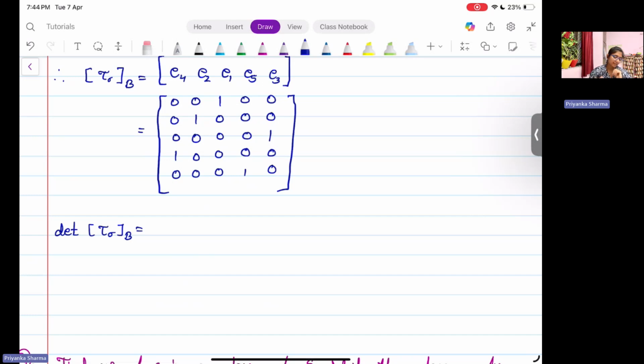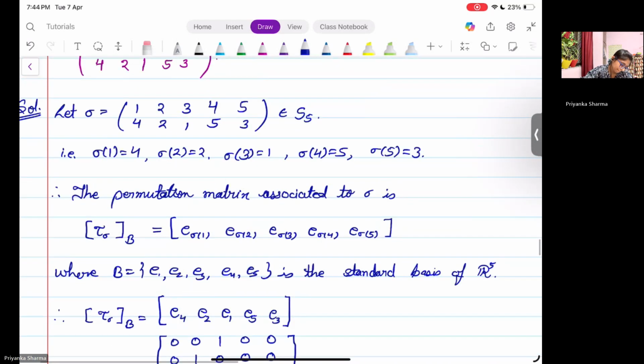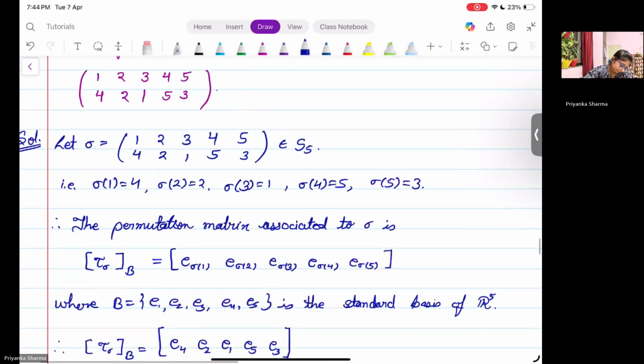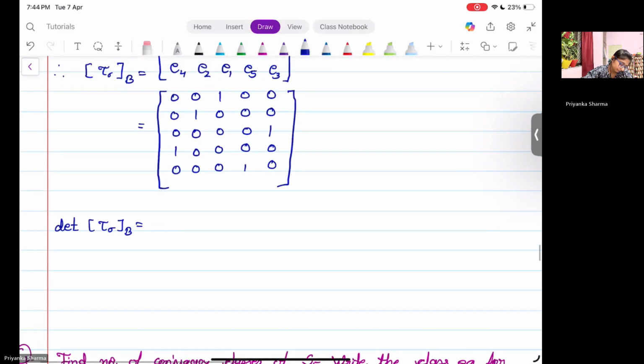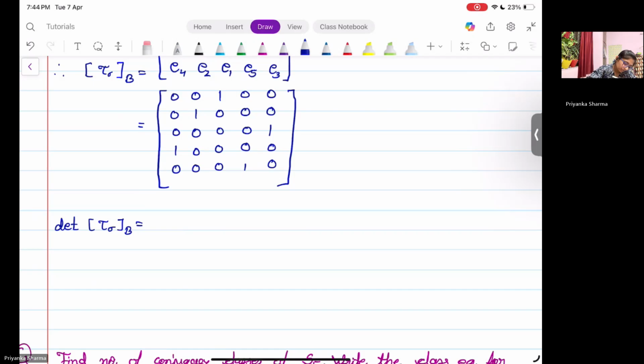So its determinant will be, there are several ways to find the determinant. (-1) to the power, we can say the elementary operations needed to make this the identity matrix of order 5 again.